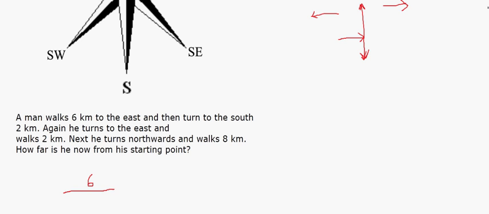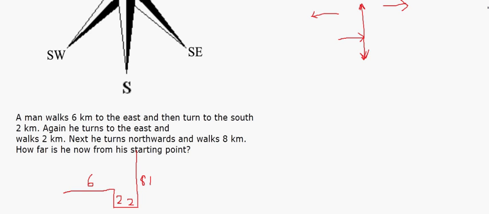Then 2 kilometers south, something like this, and again he turns to the east and walks 2 kilometers. Then he turns towards the north and travels 8 kilometers.